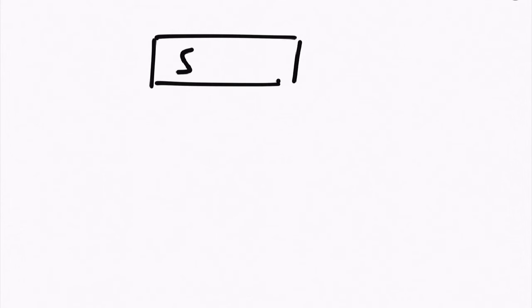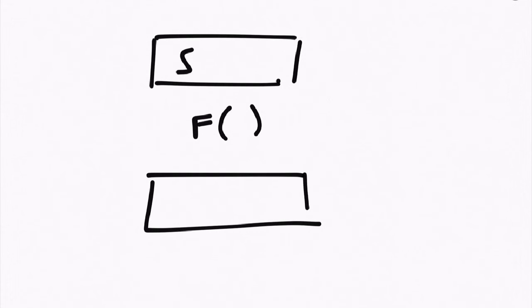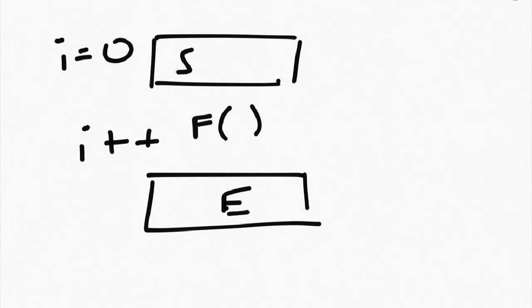Now, as a beginner programmer, you're going to hit this error a lot. You're going to start a loop, so you'll have your start here, you'll have some kind of function in here, and you're going to have an end condition. Now, typically in a loop, I would start it with a variable called I, that's just a convention we have, equal to 0. And then inside of the loop, I would add 1 to I, something like I++.